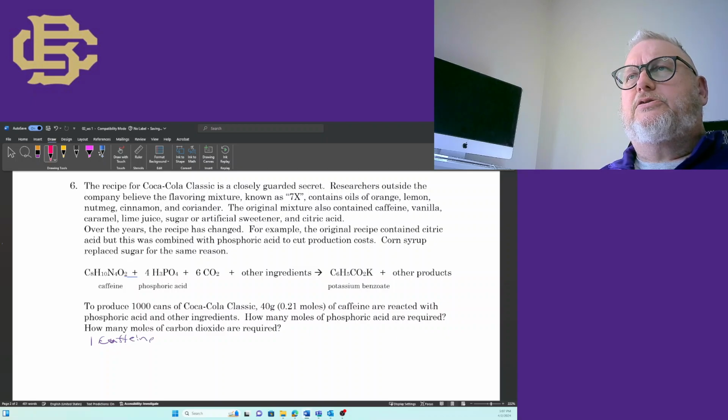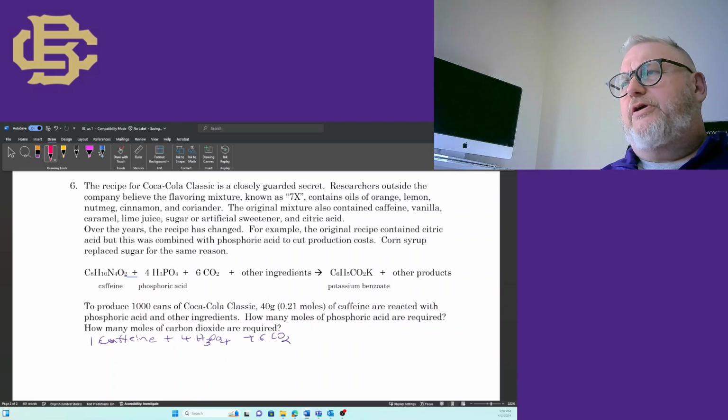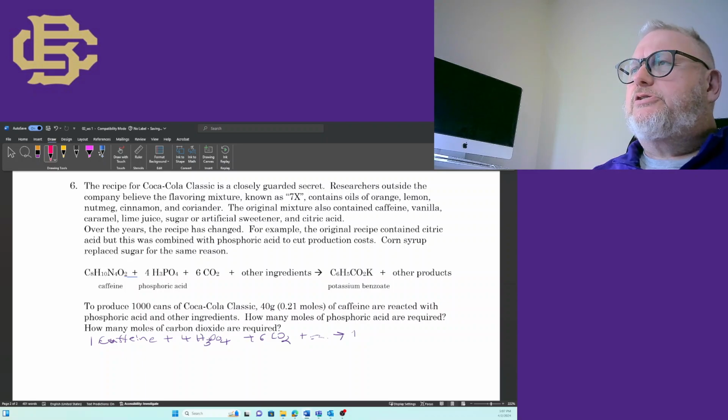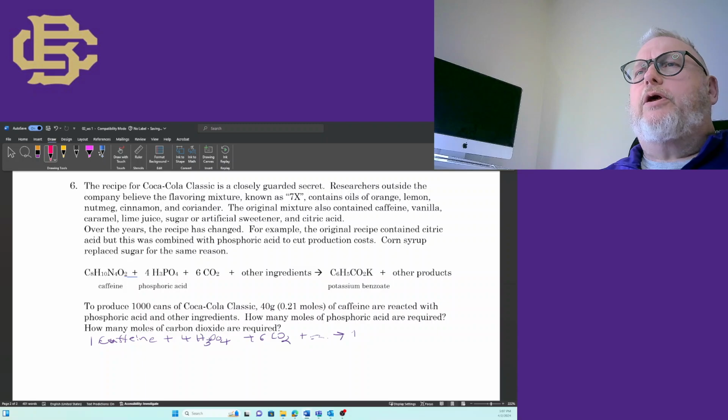It is going to react with 4 moles of H3PO4 and 6 moles of carbon dioxide and other stuff, to produce 1 mole of potassium benzoate. So it gave me that I've got 0.21.